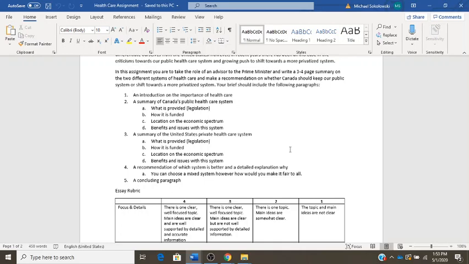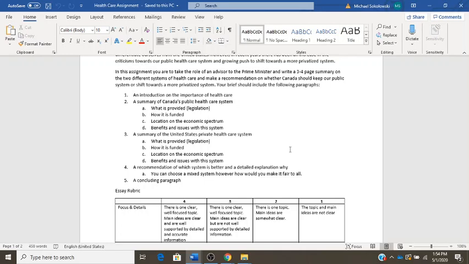This is sort of an introductory paragraph, and you are going to be talking about why healthcare is important. So, talk about what healthcare is, why we need it, and maybe mention the two different types of healthcare, and explain what the major difference is in a couple of sentences. It should be a shorter paragraph, so maybe shoot for somewhere between 5 to 8 sentences.